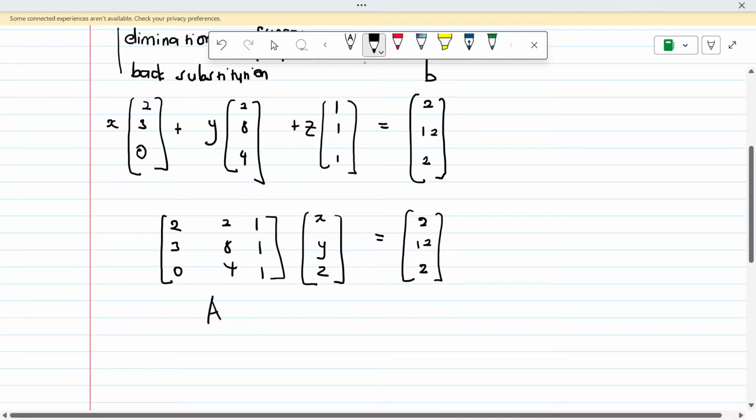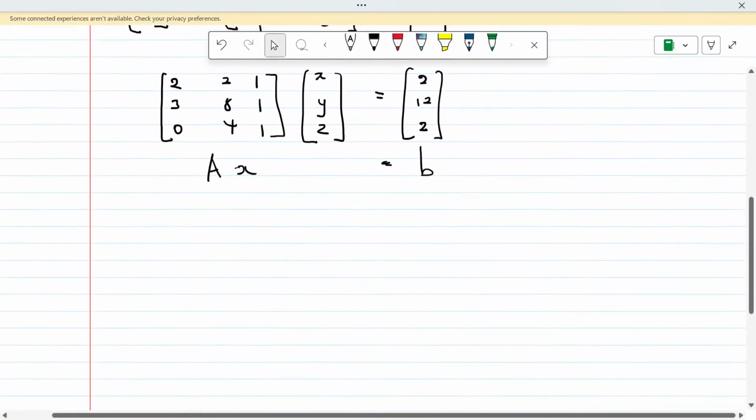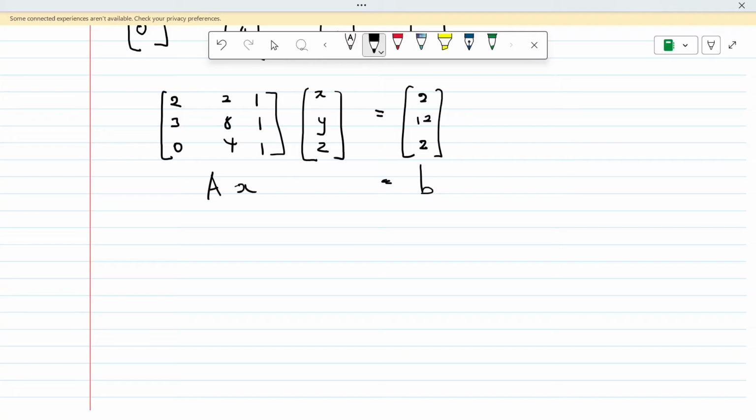We have our matrix A multiplied by our vector, let's call it x, equals our vector B. So let us look at how we can find the values of x, y, and z using elimination and back substitution.